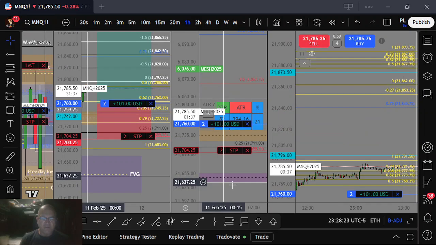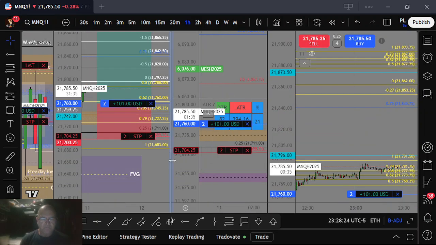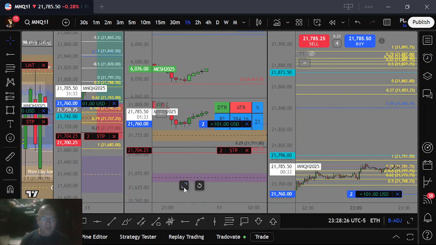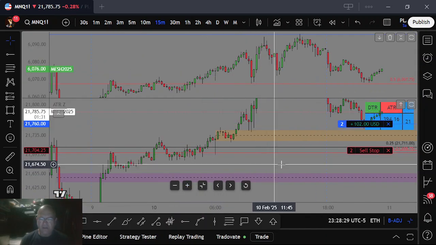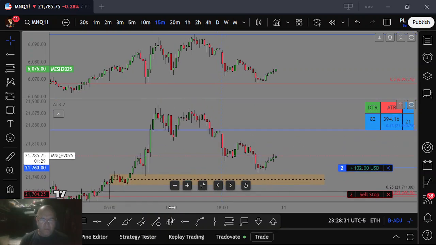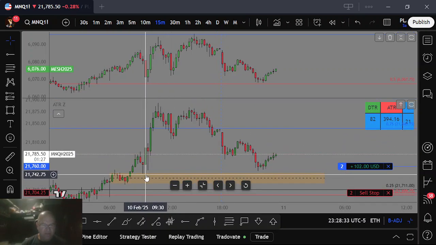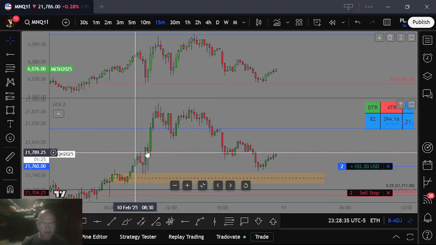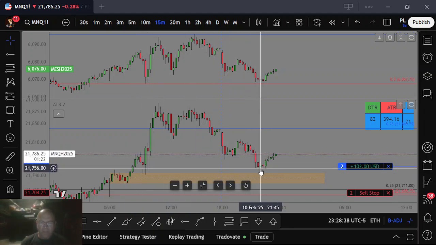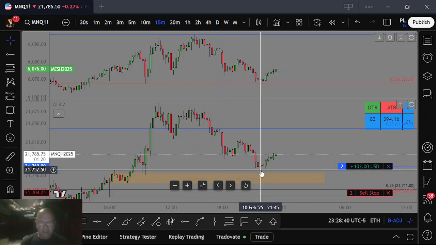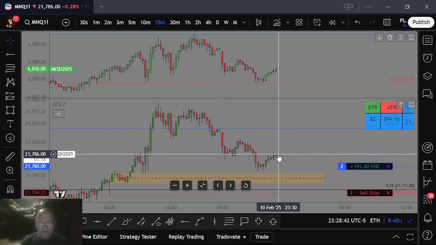If we move to the 15-minute, you will also see that we had a previous swing low right here. So we've engineered more liquidity right here.